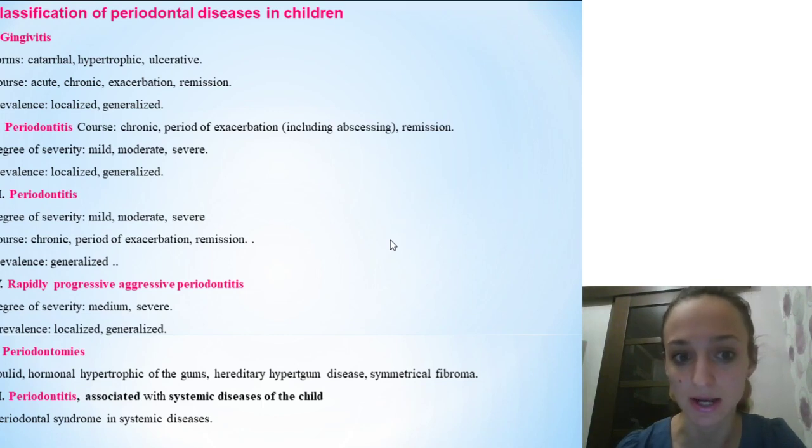Prevalence: localized and generalized. And about periodontitis, the course is chronic and a period of exacerbation, including abscessing and remission. Degree of severity: mild, moderate, and severe.